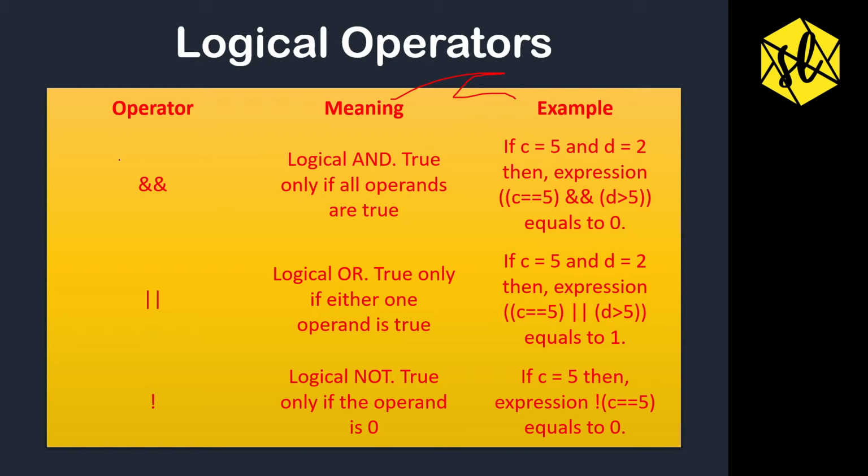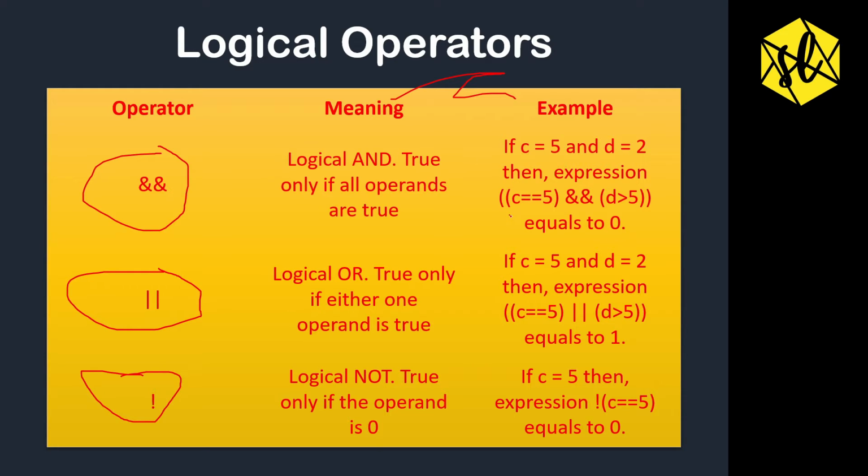We have three logical operators: && is usually pronounced as logical and, || is usually pronounced as logical or, and the exclamation mark, which means logical not. Now we will just see a few examples and you will understand what these things are.